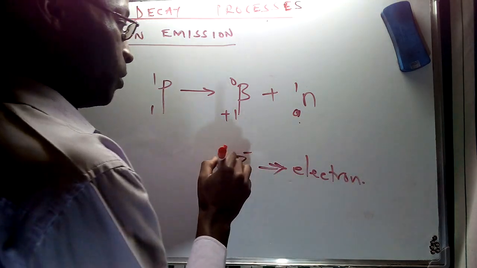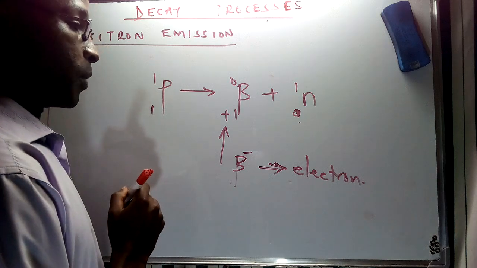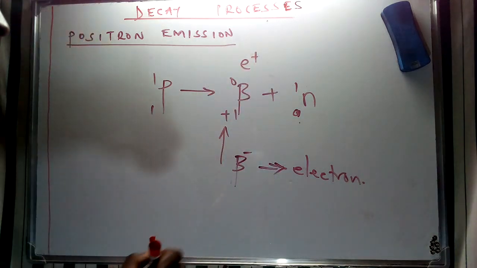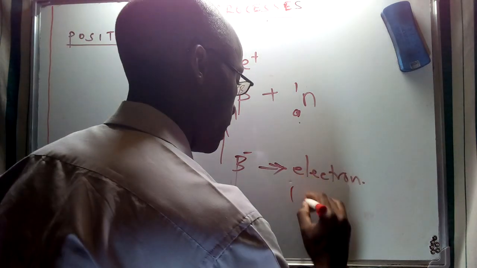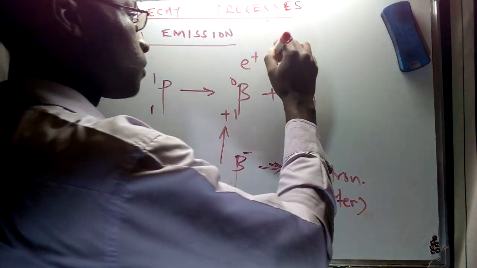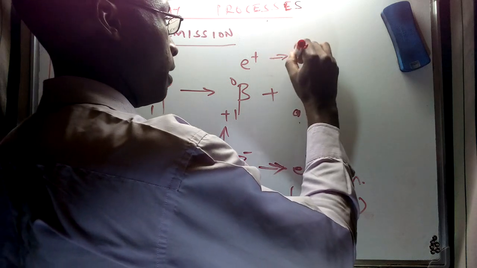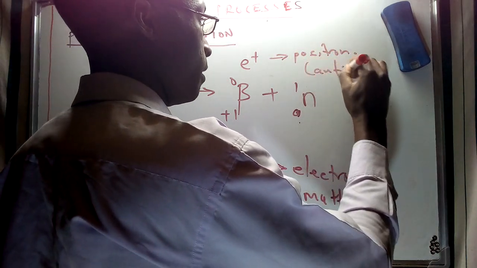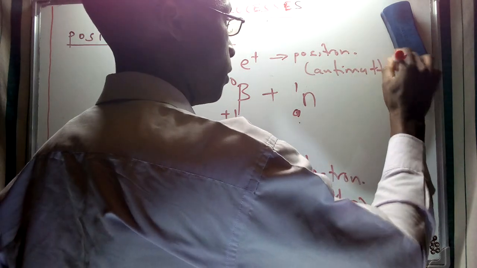In this case, we have an electron which is positively charged. If we regard the electron as a matter particle, then the positron is an antimatter particle in this sense.